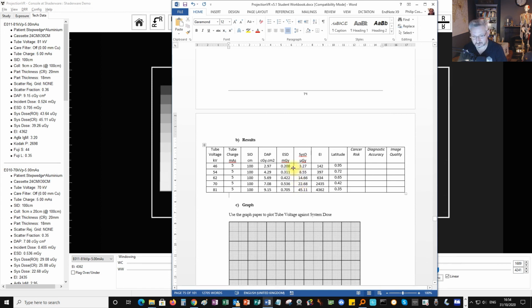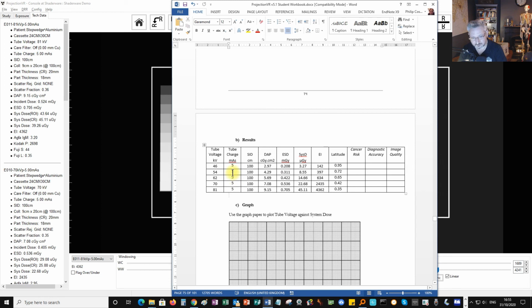And there's something called the 10 kVp rule, which is that as you add 10 kV, then you get almost a doubling of the amount of radiation. And this is sort of following that in terms of the system dose, the amount of dose on the imaging plate. Doesn't quite do that in terms of the entrance surface dose. It doesn't double it, but that's something called the 10 kVp rule.